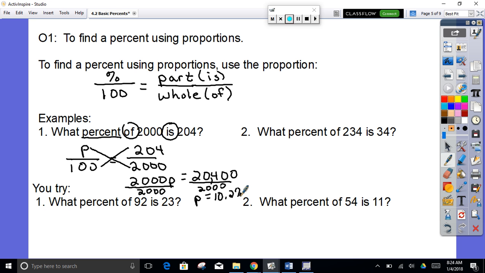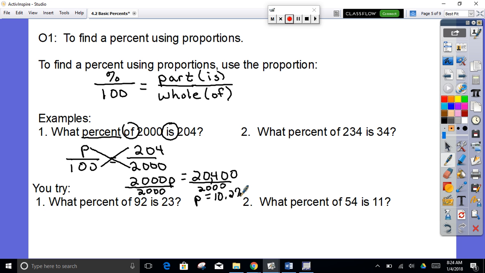Any questions about that? Yes. Can you explain cross multiply? Yes. When we cross multiply to solve a proportion, the cross products are always equal. So if we do 2,000 times P, that has to be equal to 204 times 100. So that always is a workable way to solve a proportion.